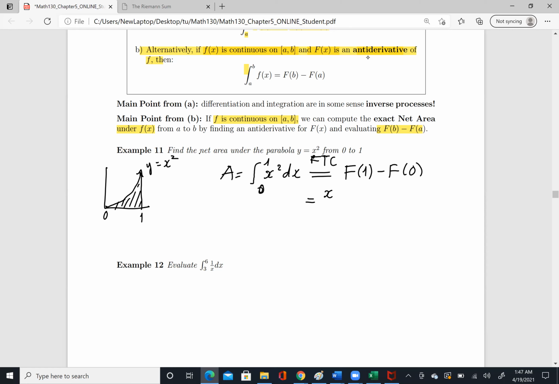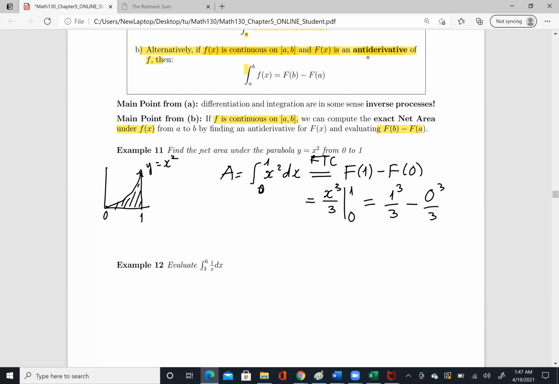So we have x cubed over 3 for both of these, and then we can write it from 0 to 1, and then substitute 1 first. I have 1 cubed over 3 minus 0 cubed over 3.